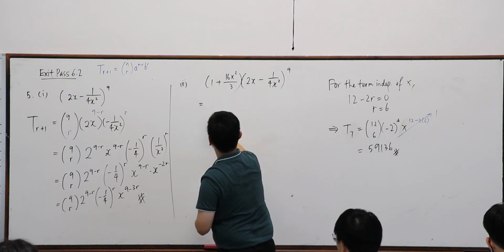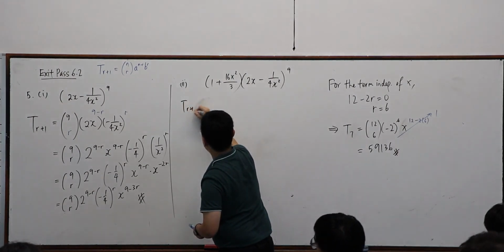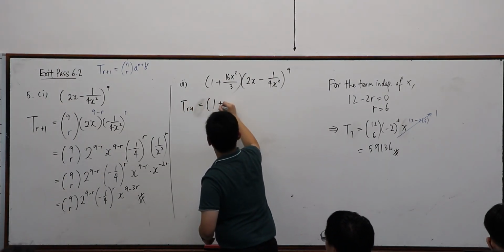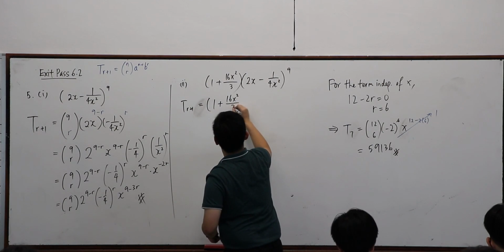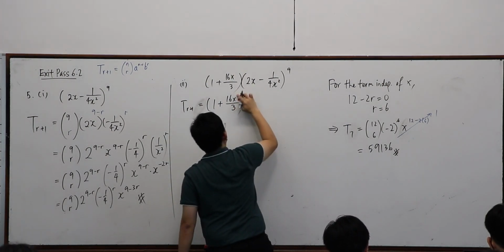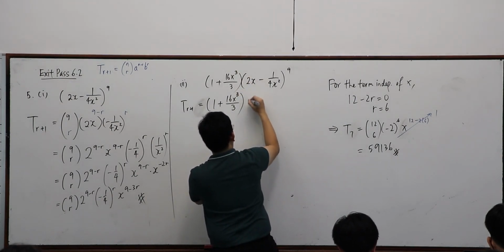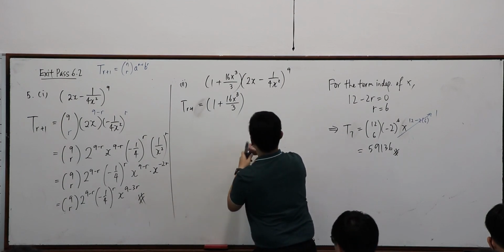The general term T r plus 1 is going to be equal to this one in front, and it will be that thing at the back, all together.